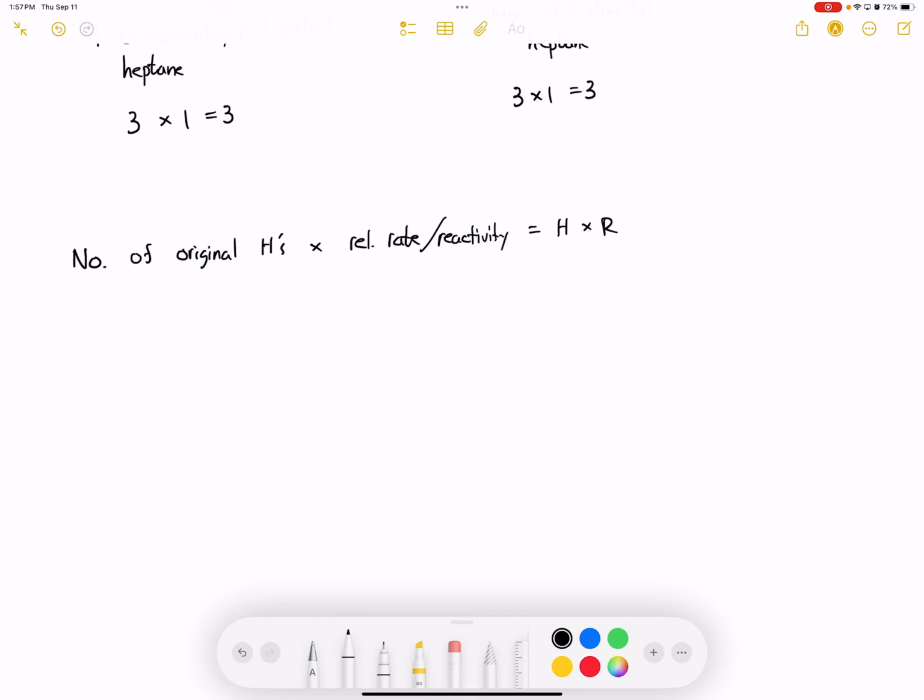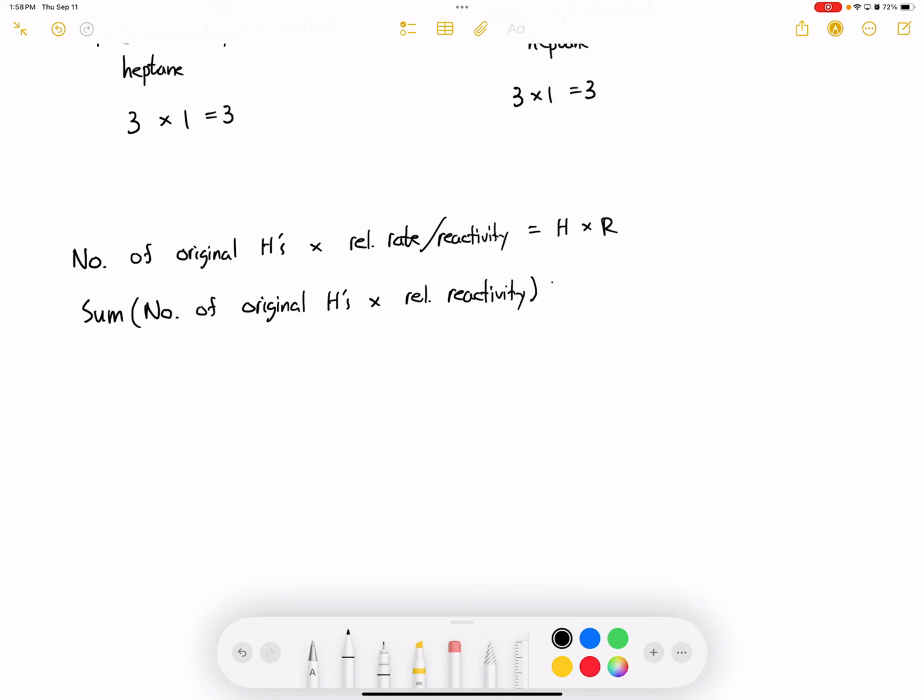All right. Now, in order to figure out the yield of each product, there's 8 products, right? We have to know the sum of these H times R values, okay? So now we're going to put the sum here. Number of original H's times relative reactivity.